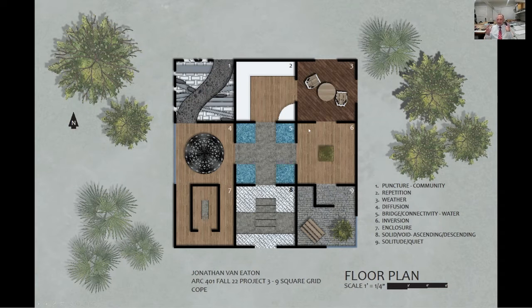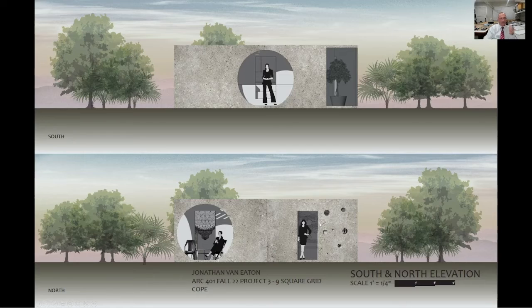Those are the kinds of things that I came up with, and I tried to put them in a design where they would flow for the most part, but a couple of them I didn't want it to flow so much because I wanted to portray certain aspects of that program. And of course, here's my south and north elevations.